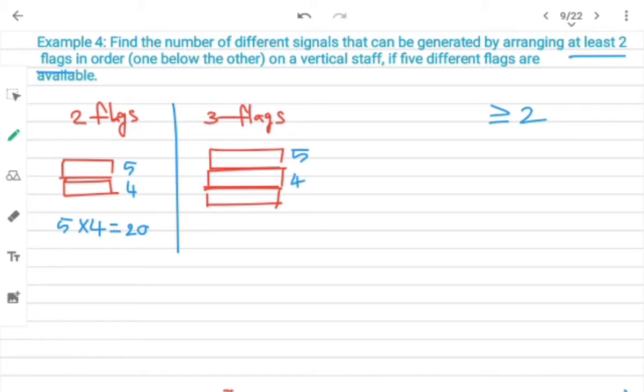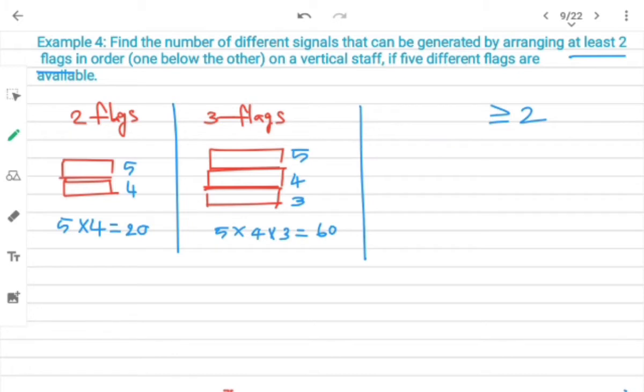In the second place, I have 4 colors. In the third place, I have 3 colors. That means 5 into 4 into 3. 5 fours are 20. 20 into 3 is 60. 60 ways. And now, greater or equal to 2.